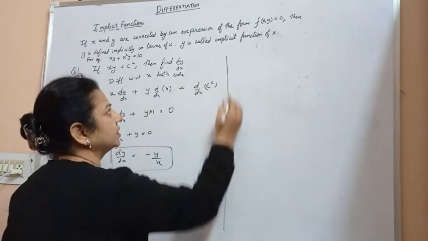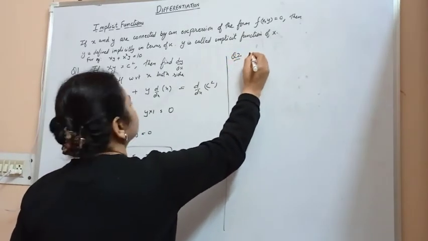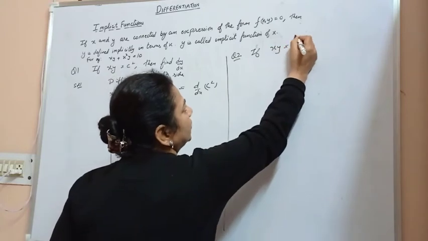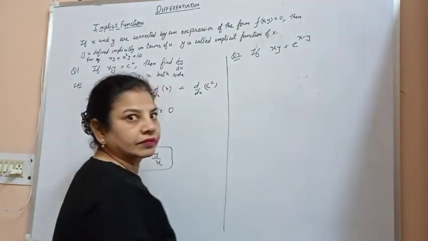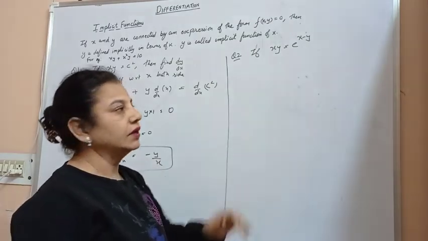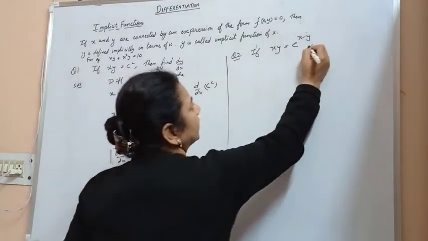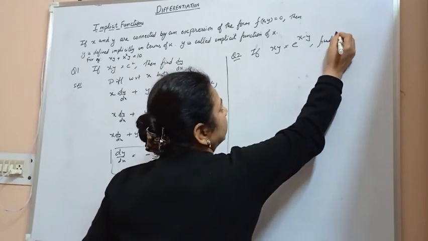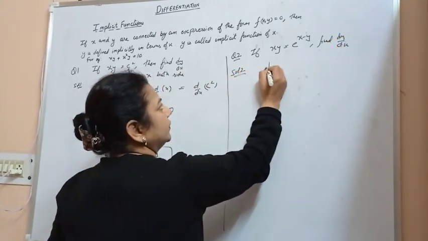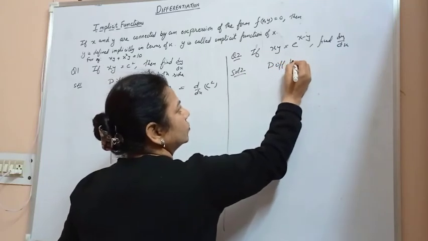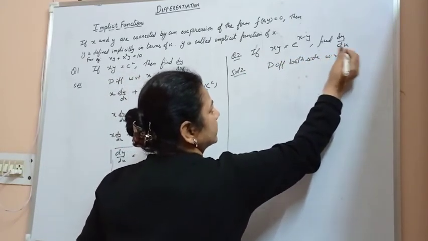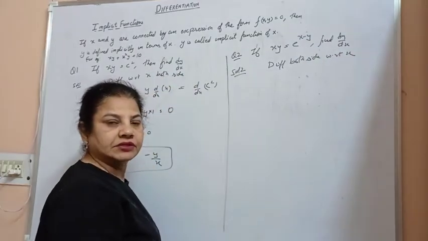Let us consider another question. If xy is equal to e to the power x minus y. Here both sides have functions of x and y. So first of all we have to find dy by dx, so we differentiate both sides with respect to x.